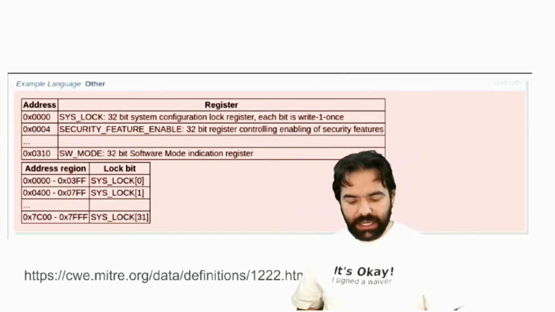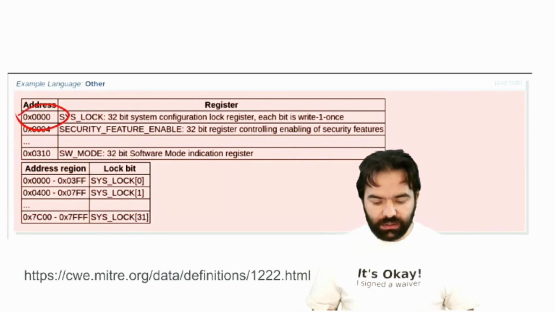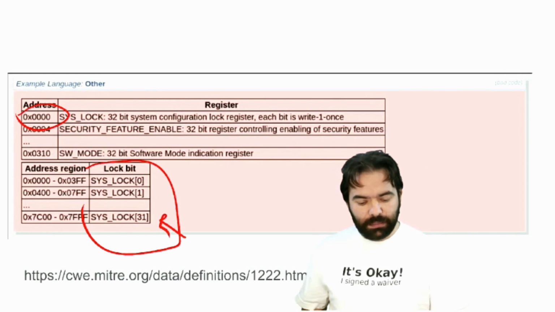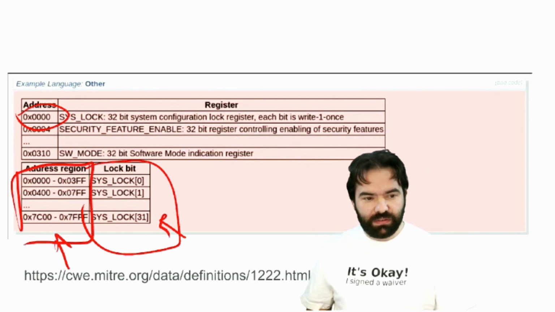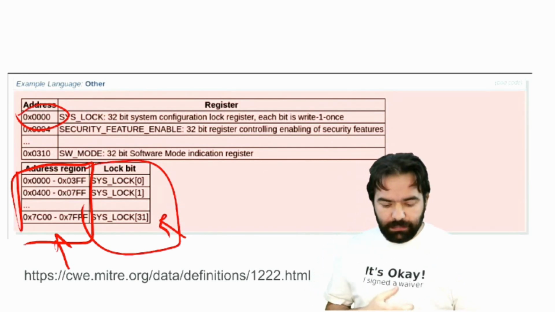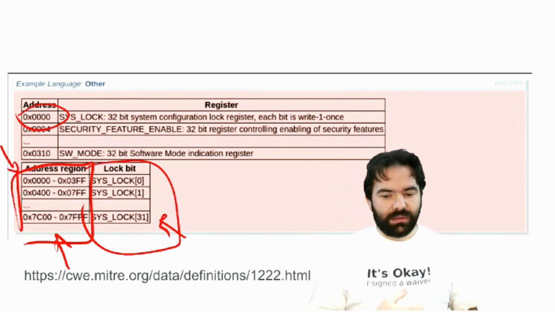So we might have a bunch of lock bits, right? And each of these lock bits, all 32 of them, each lock a specific region of memory. This might work out really well. This could be great. But in this case, each region is 4K.